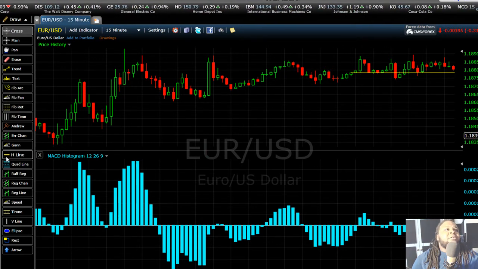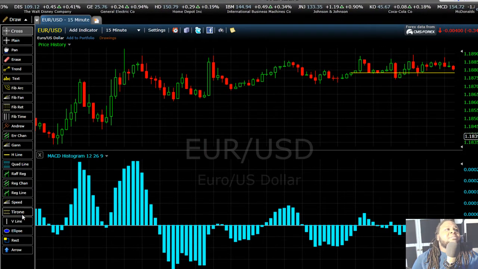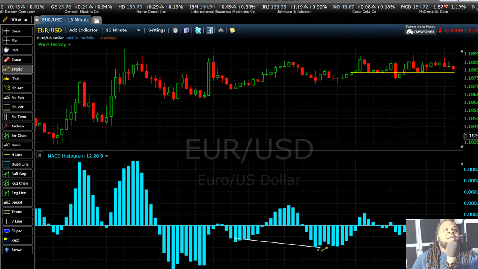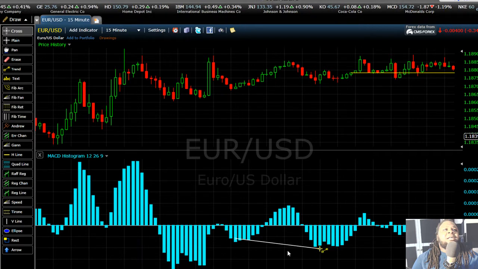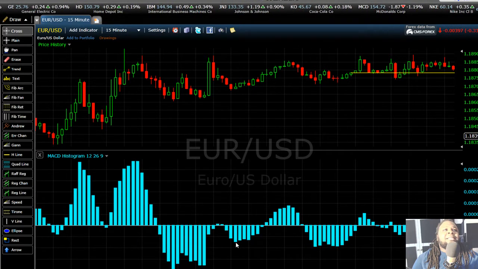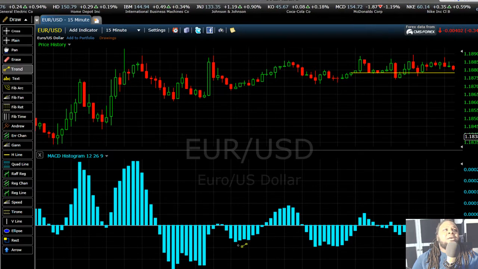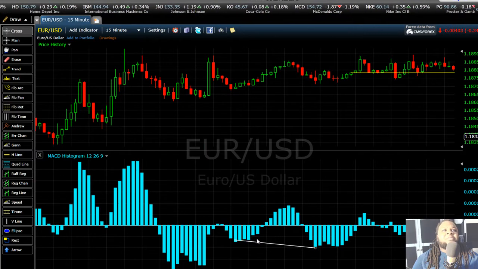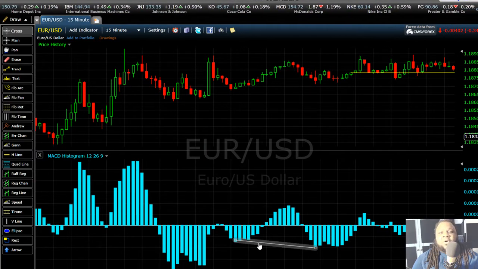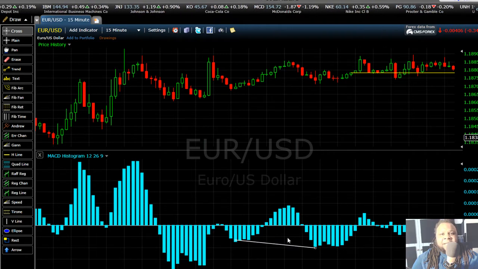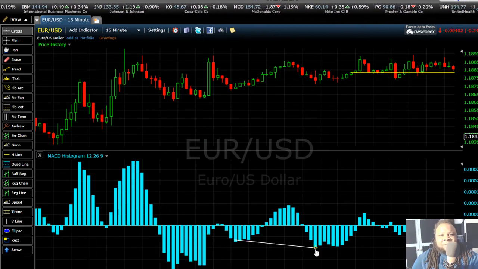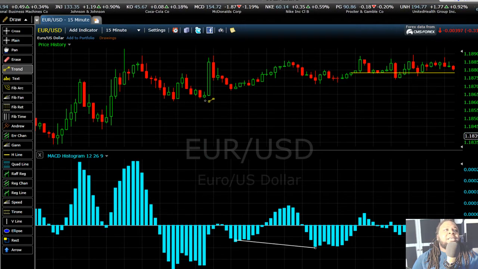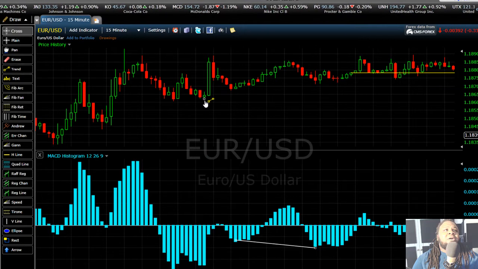If you look right here, you'll notice that this MACD is higher than the low of this MACD. Like right here, you see that it goes down. So from this MACD to this MACD, you see that it's an actual divergence down. But if you look on your charts, if you take these values, oh, that's not the right spot.